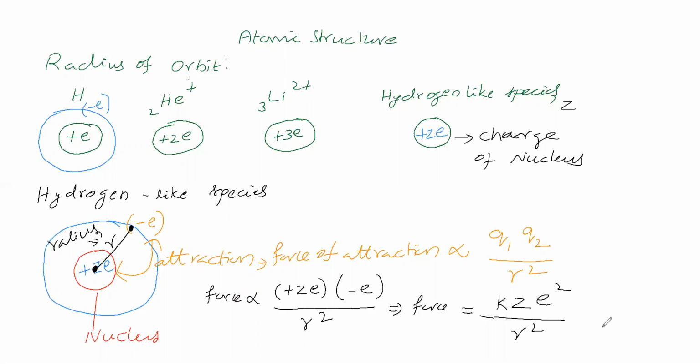So the electron is making a circular motion around the nucleus, so it is experiencing a centripetal force and a centrifugal force. It is getting two forces.